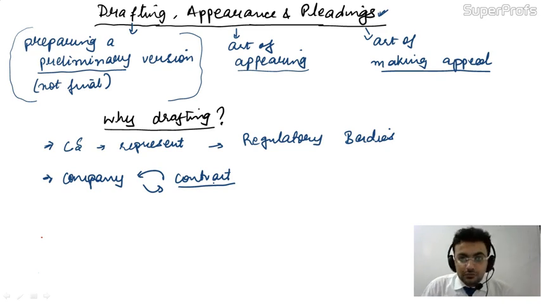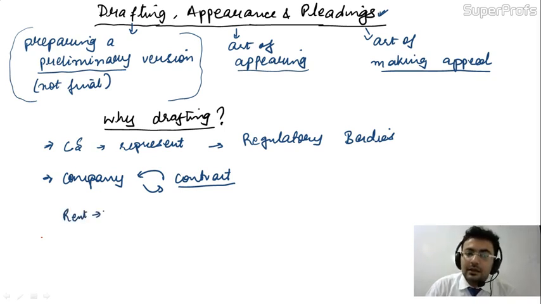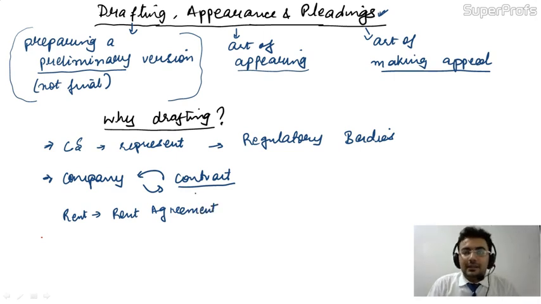Okay, so we have a lot of students who are residing in a house on rent, right? So there's a rent agreement, for all the people residing in a house as tenants. What is a rent agreement? A rent agreement is also a part of an agreement, one where the names of the parties are mentioned.